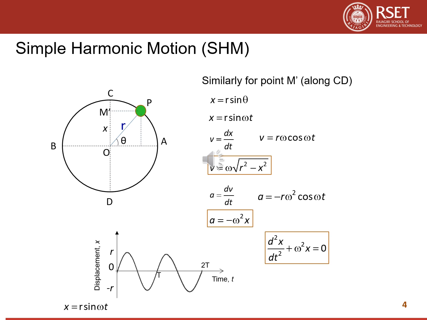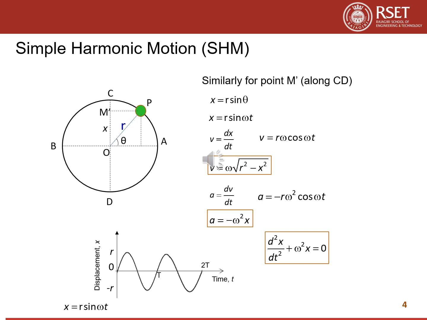That is, in the case when t is equal to 0, the particle executing simple harmonic motion is at the extreme position. And we have seen that in both cases, v is equal to omega square root of r square minus x square, and acceleration is equal to minus omega square x. And we can see that in both cases, your velocity will be maximum at the mean position and acceleration will be maximum at the extreme position, because the equations are very much similar in both cases.